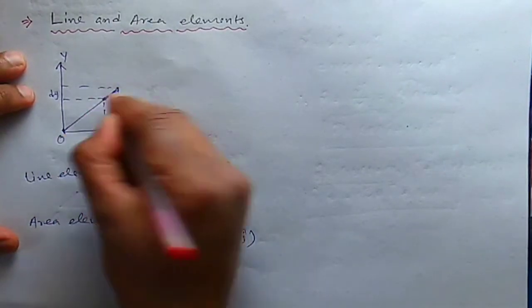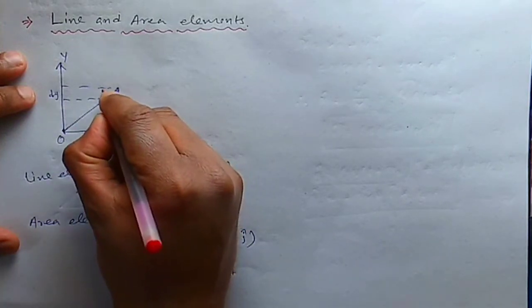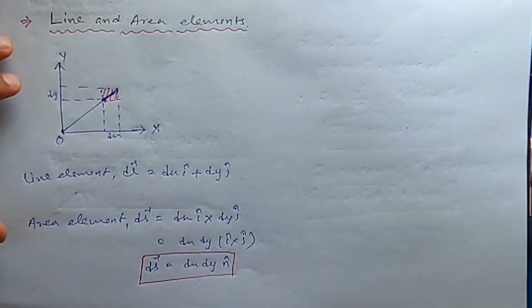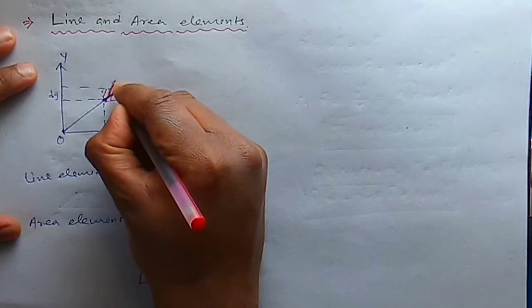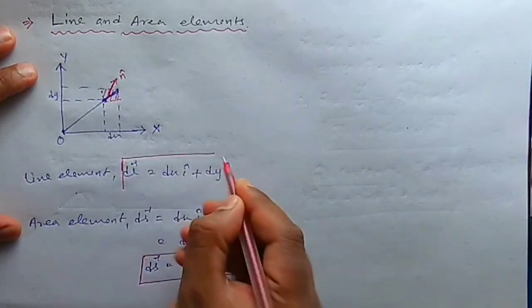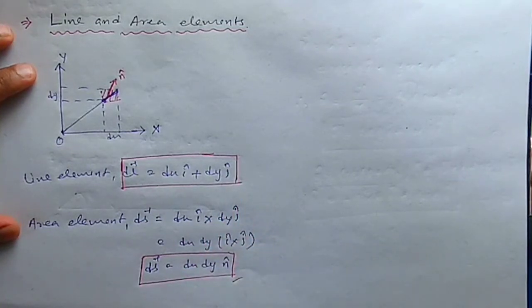Now n cap is the unit vector perpendicular to the xy plane. The direction of n cap is like this in Cartesian coordinates. This is the expression for the line element and this is the expression for the area element.